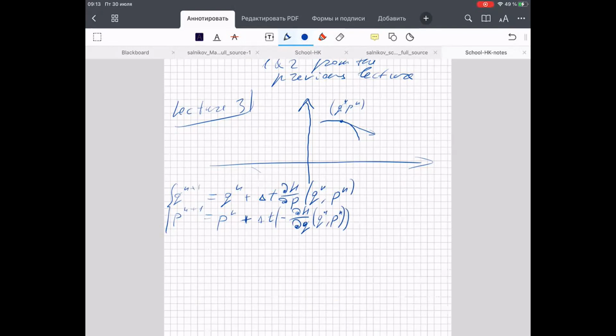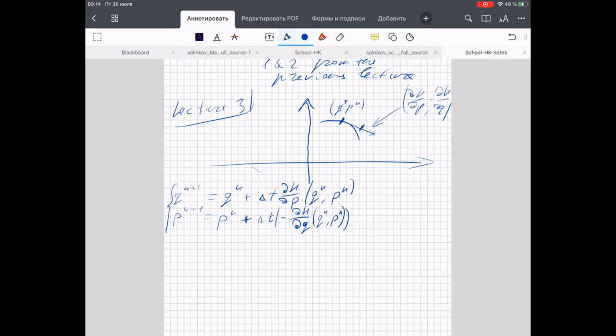Now, what is this dH over dP minus dH over dQ vector on this picture? This is precisely that, right? This is dH over dP minus dH over dQ. And when I multiply it by delta t, I just take some finite part of it.